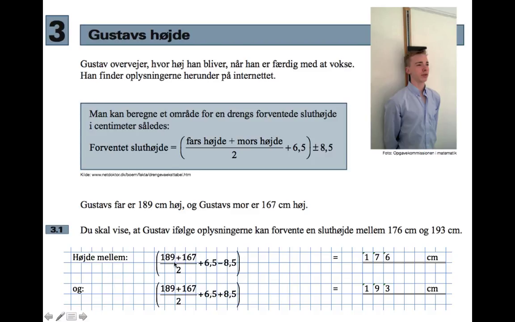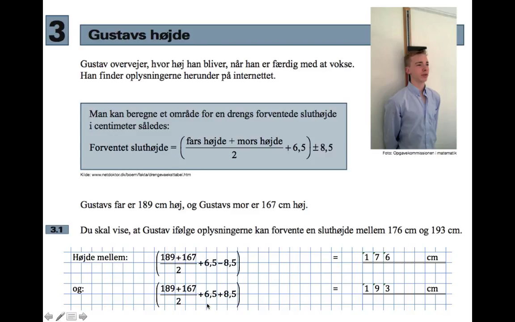So the least his height can be is this expression here, the father's height plus the mother's height divided by 2 plus 6.5, and then you've got the plus or minus 8.5, so that will be the least if it's minus 8.5, and that gives the 176.